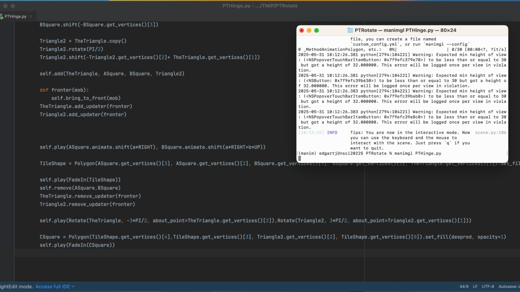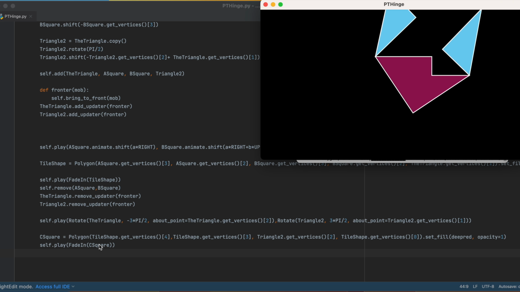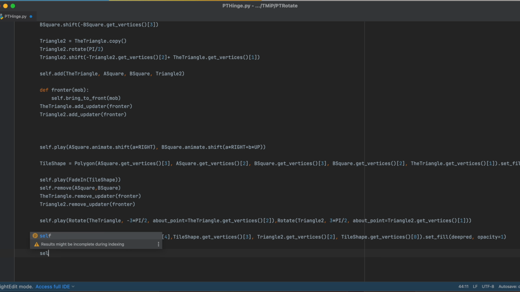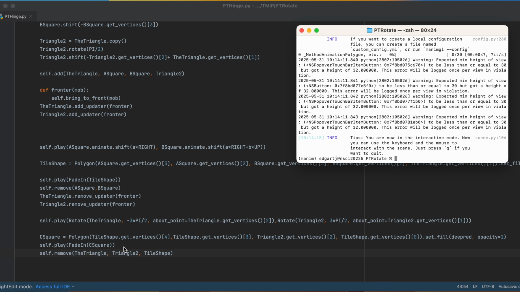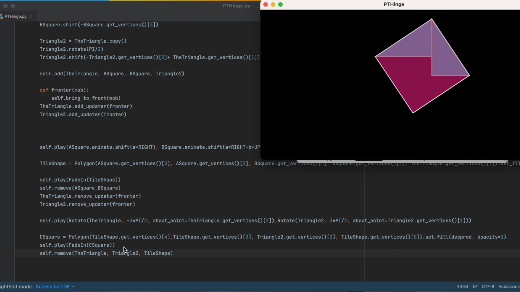And so with any luck, we have our moving, our rotating, and our fade in of a nice perfect square. And once again, in the background, I should be able to remove the triangle, remove triangle 2, and remove the tile shape, so that now the only thing left at the end of this is the C square right there.